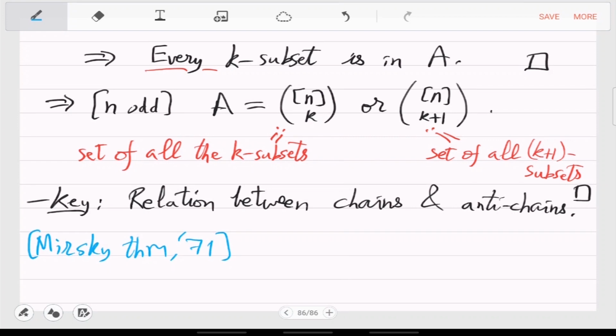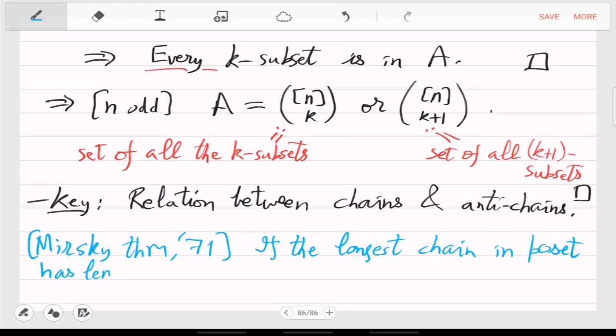So this says that if the longest chain in a poset has length r, I believe this is now for a general poset, so we don't need to think about the power set example.